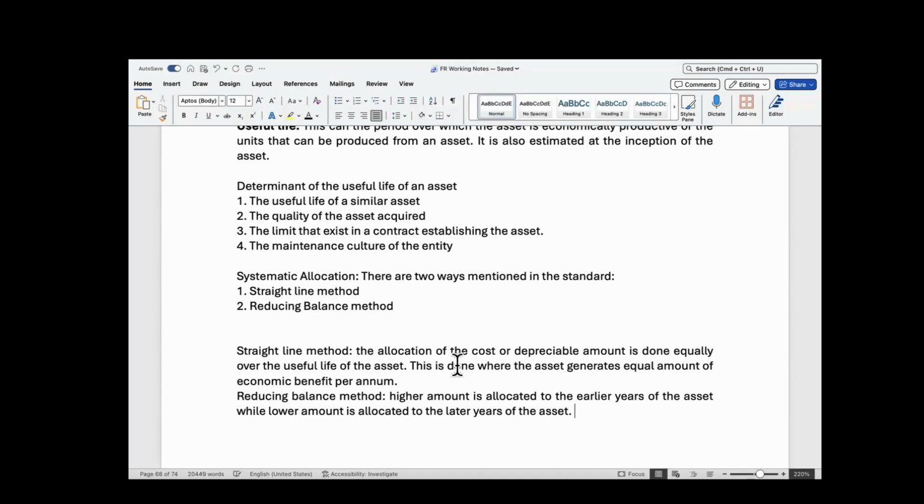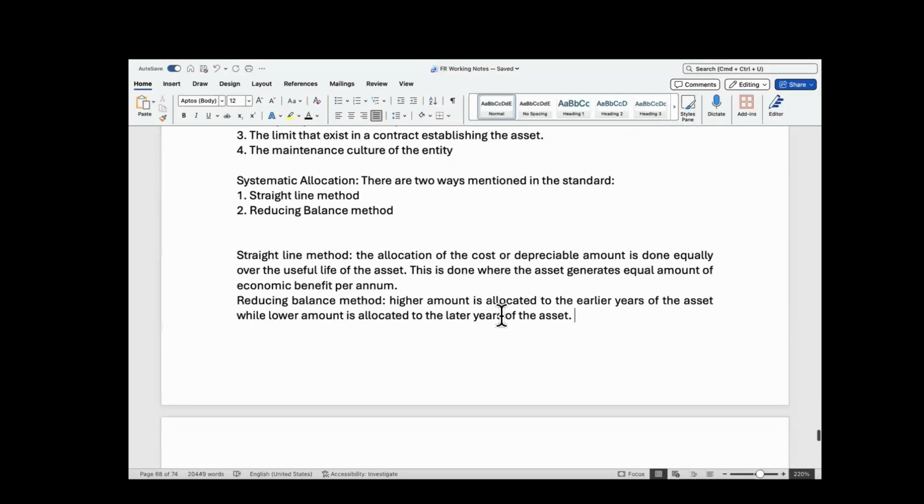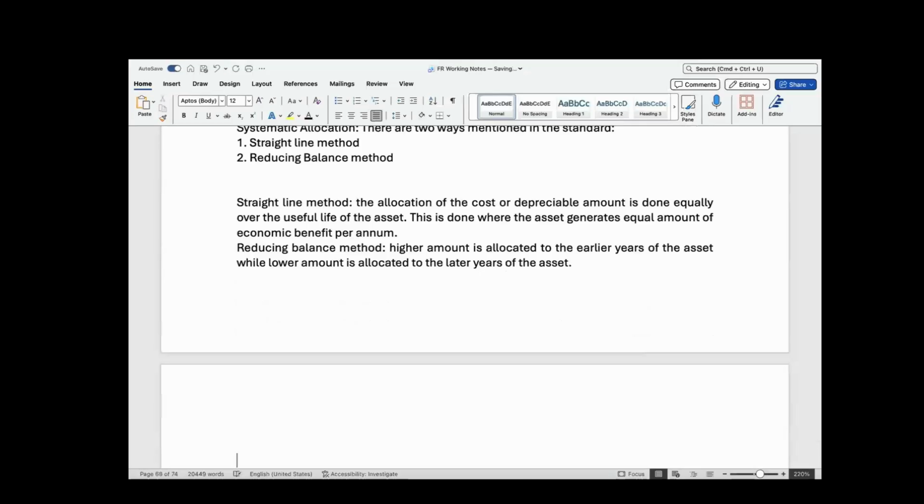At the earlier years of an asset, it makes more money. At its later years, it makes less money because it might not be as active as earlier years. So it makes sense that you are allocating much more costs to the earlier years as expense. Then in later years where the asset cannot generate so much, you're allocating lower. So it really flows naturally for most assets, right? So reducing balance is more practical.